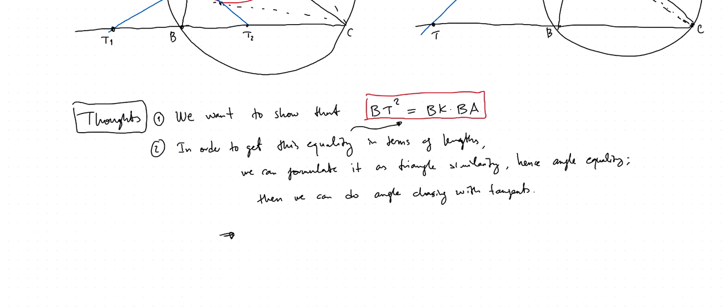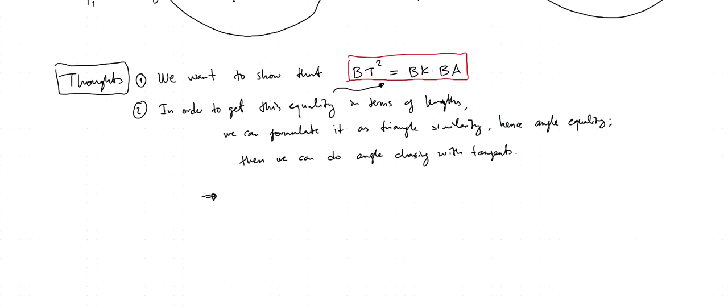So what we want to prove is just this: BT over BK equals BA over BT. We can formulate it like this.